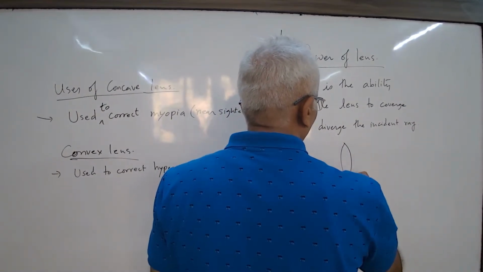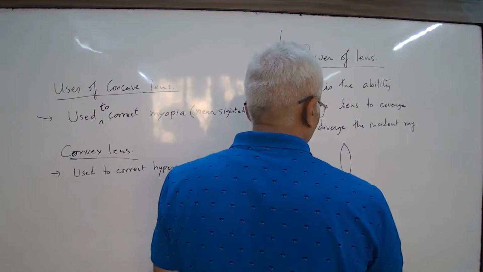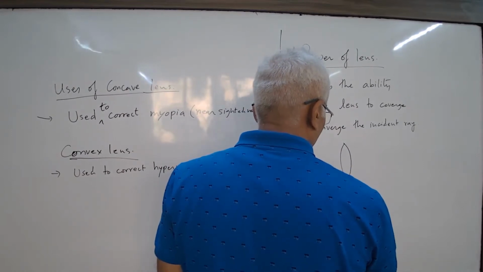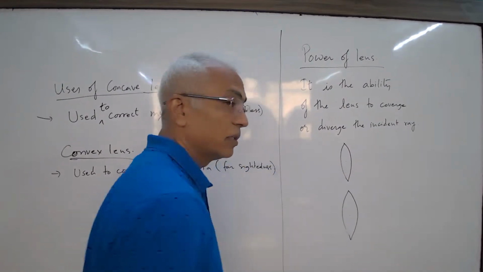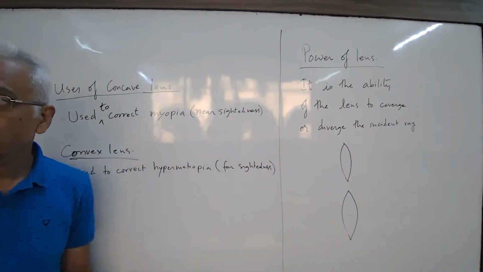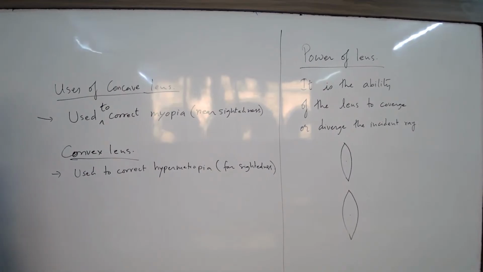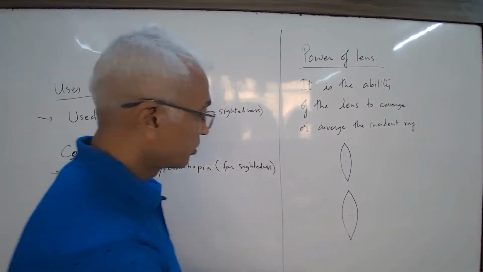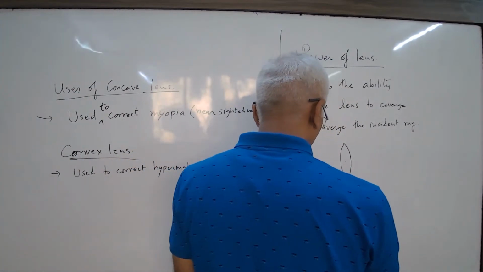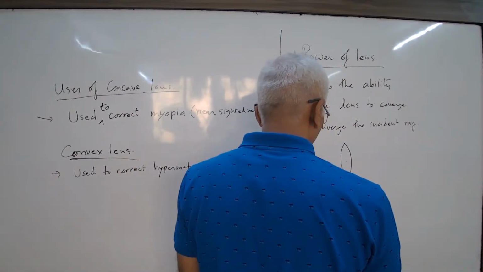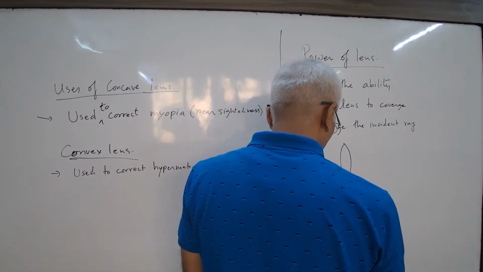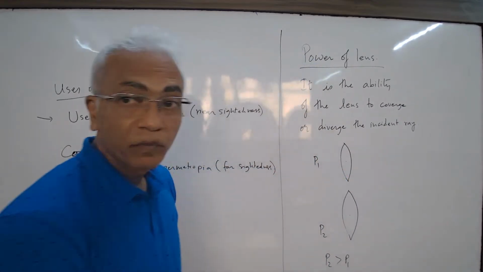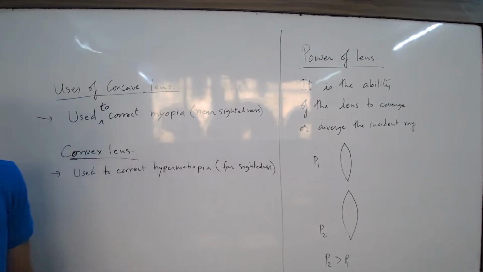So which lens has more power, thick or thin? What's the difference between thick and thin lens? Which lens has more power? You are saying this is more powerful, so if its power is say P2 or P1, you are saying P2 is greater than P1. What's the difference between thin and thick lens in terms of focal length?